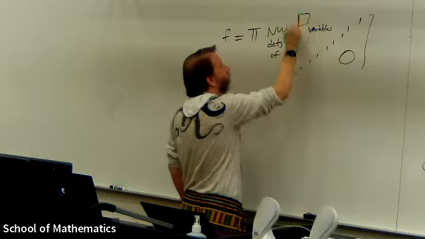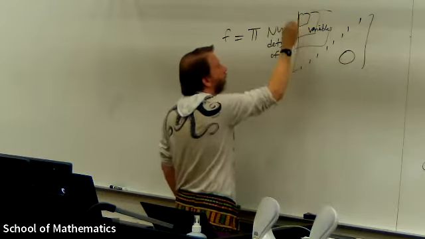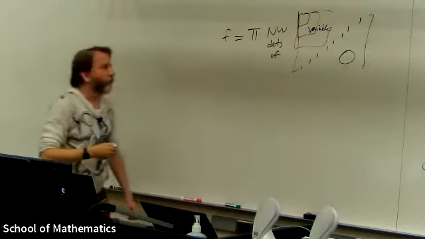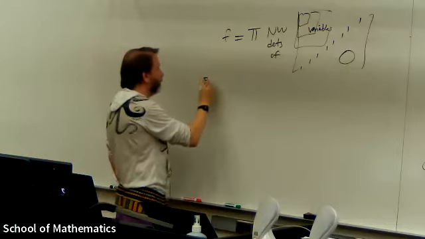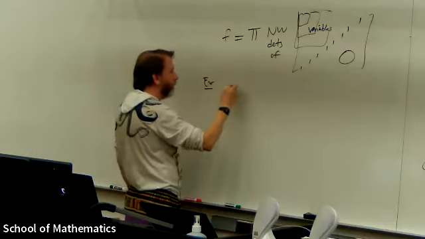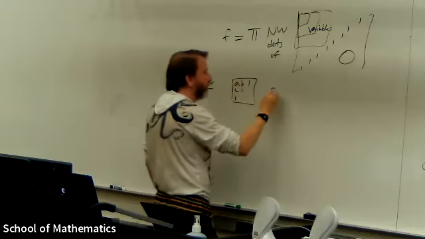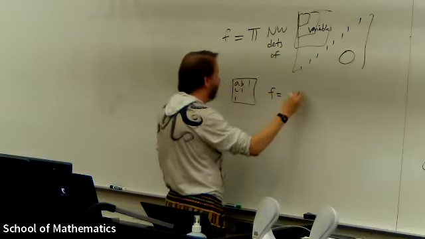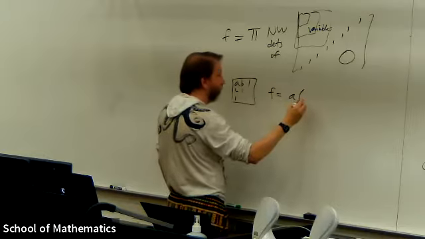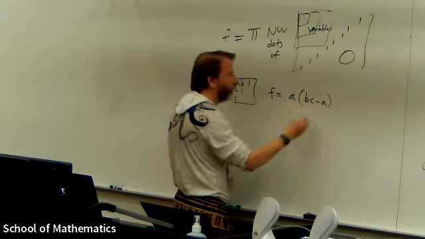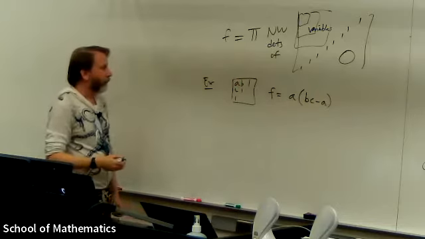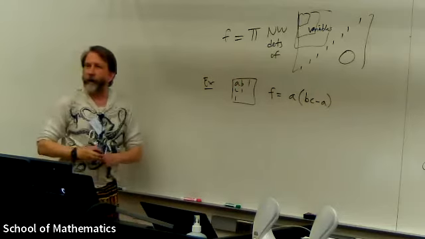So this entry, this 2 by 2, and so on. And I get some polynomial. And let's do the n equals 3 example. So if I've got a, b, c, 1, 1, 1, then my function will be a times (bc minus a), and maybe times -1, but I don't care about the signs on this thing.